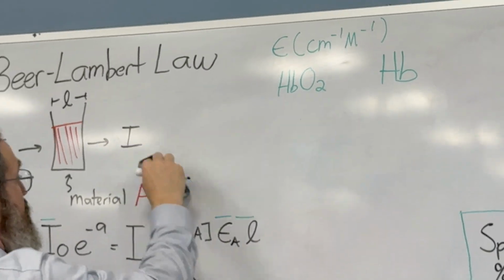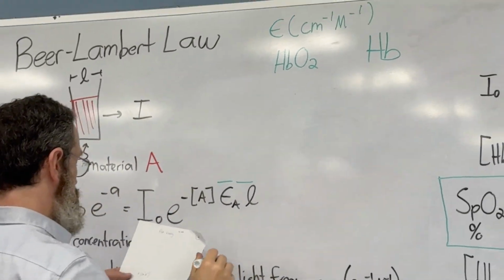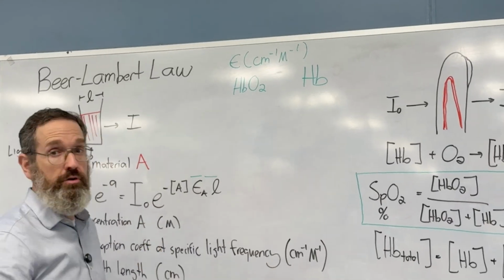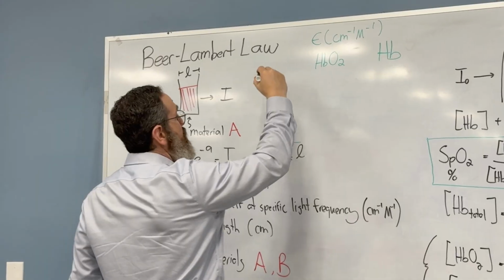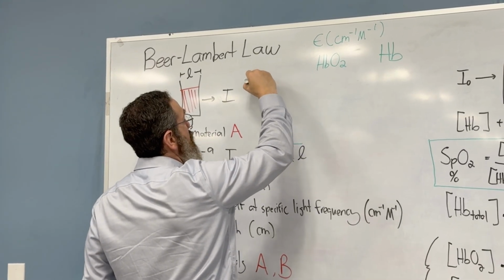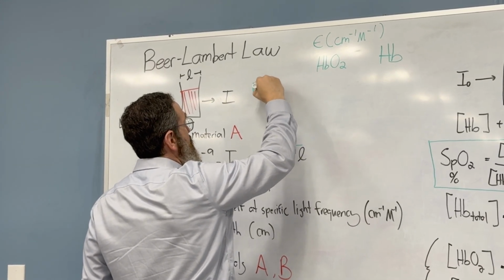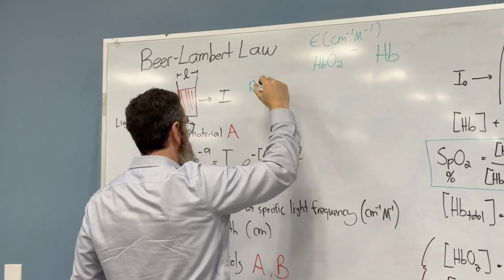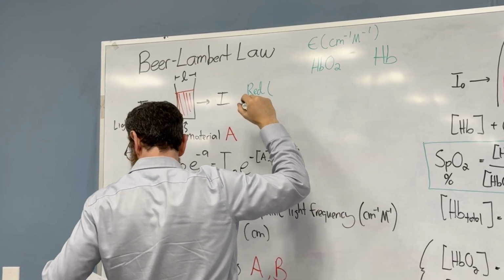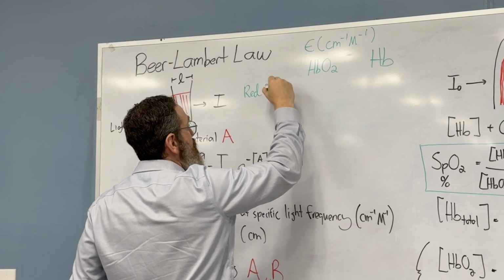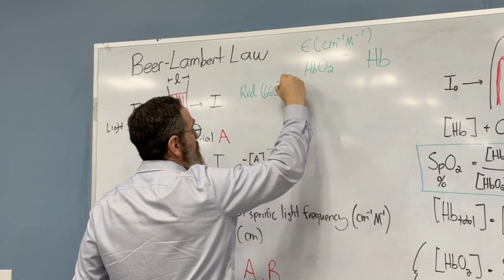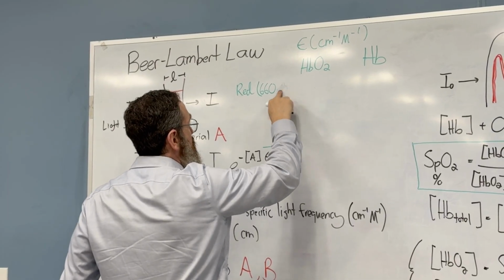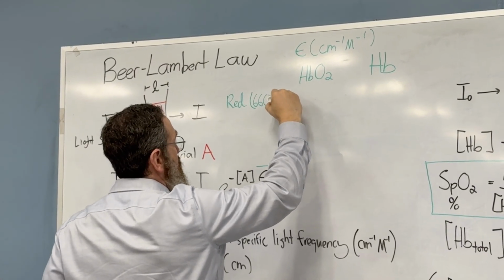And I want to give it to you in terms of two frequencies, right? Because I said these are a function of frequency. The first one I'm going to give you is in terms of red light, and the frequency of red light is expressed as 660 nanometers.